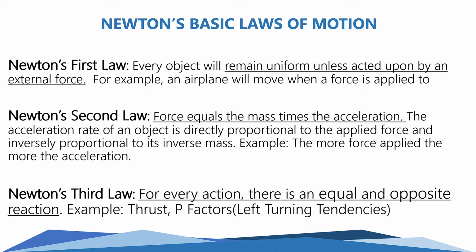So a good example of this is an airplane or an object will move when a force is applied to it. Newton's second law is force equals mass times acceleration. So the acceleration rate of an object is directly proportional to the applied force and inversely proportional to its mass. So more simply said, the more force we apply, the faster that object's going to go, the more acceleration that we're going to get out of it.